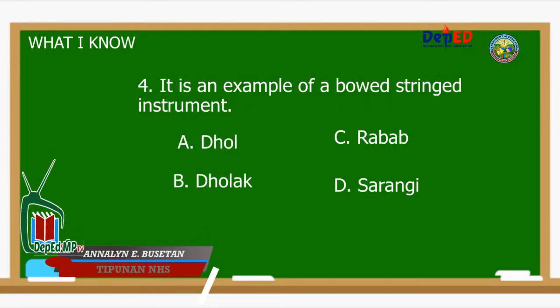Number 4. Here is an example of a bowed stringed instrument. Letter A, Dol. Letter B, Dolak. Letter C, Rabak. And letter D, Sarangi.